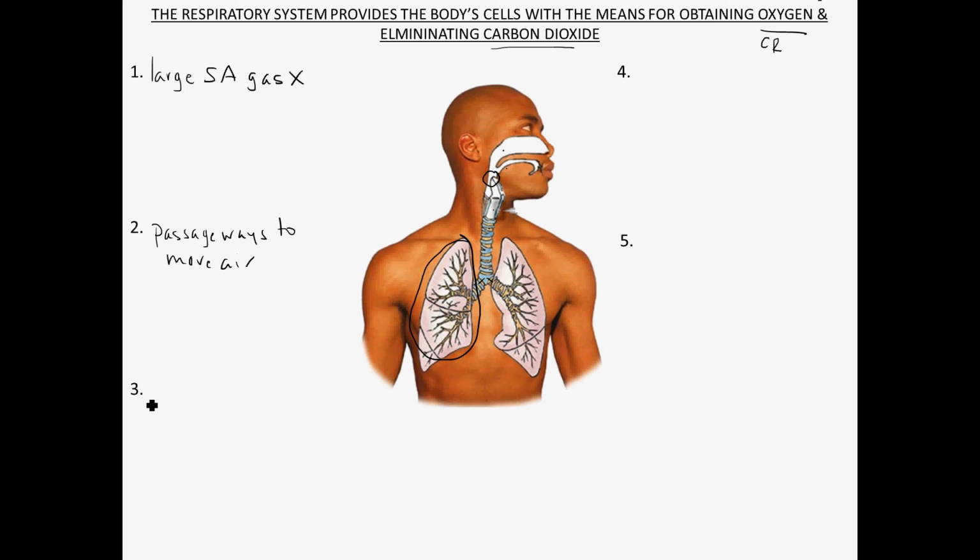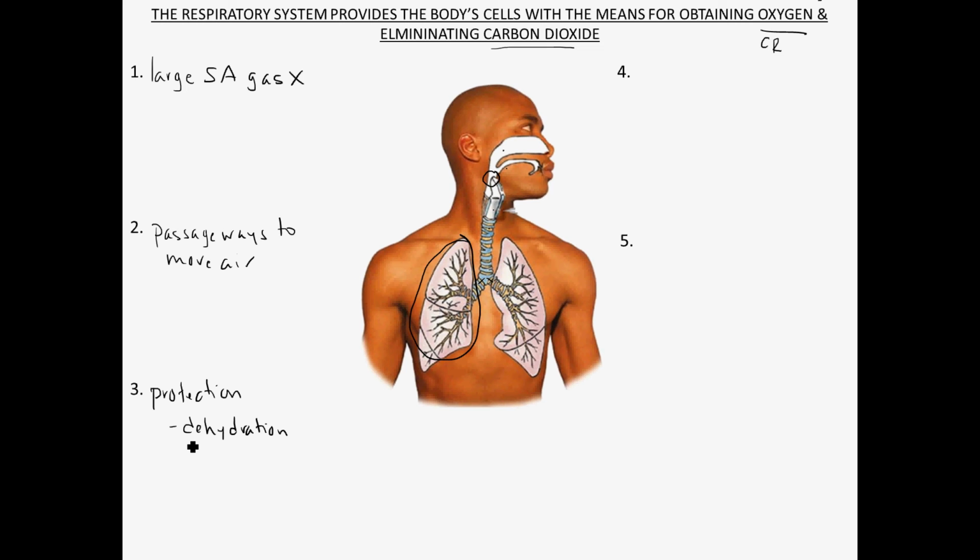And then there's a certain degree of protection that's involved in the anatomy of the respiratory system. So protecting the respiratory surfaces from dehydration. Some of you may know that if you're in an enclosed space where the air is really dry, it's very difficult to breathe.